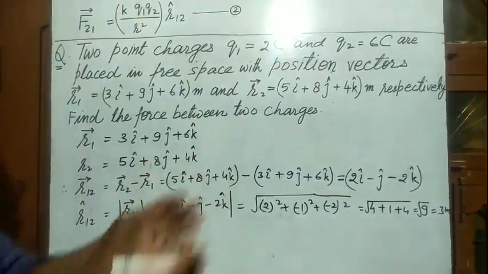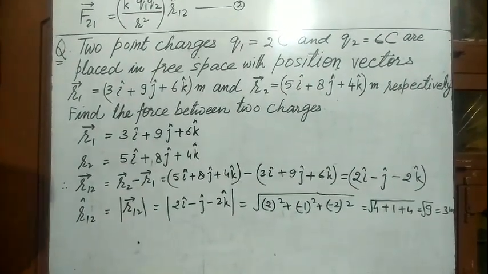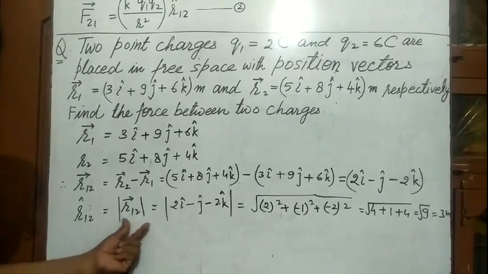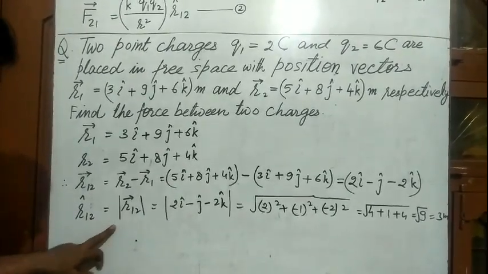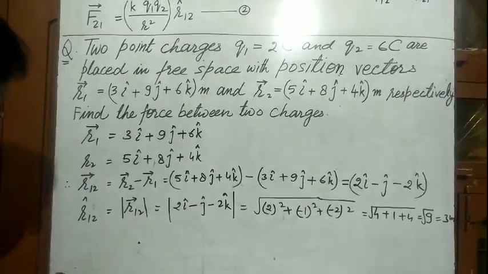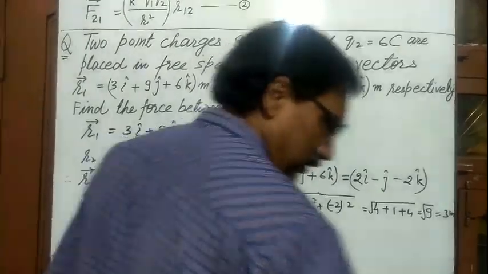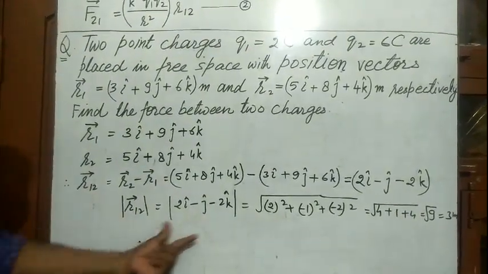So the distance between the two charges is 3 meter. Sorry, this is the magnitude of the vector.